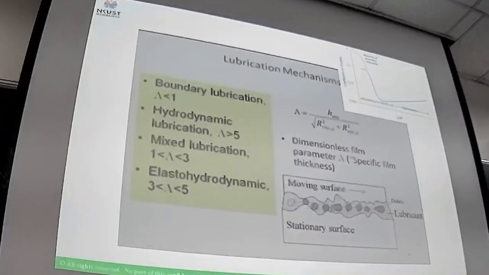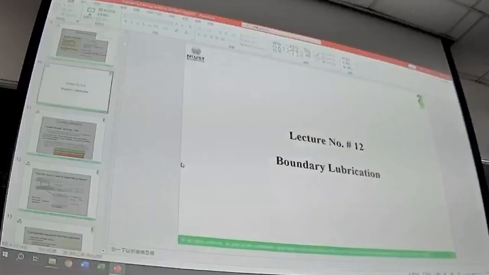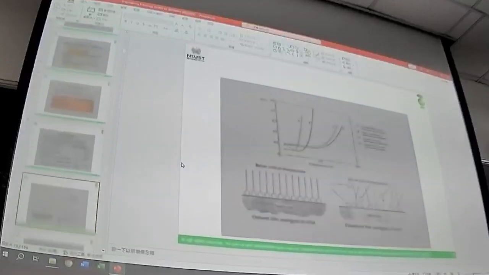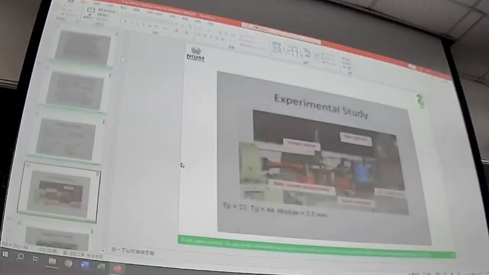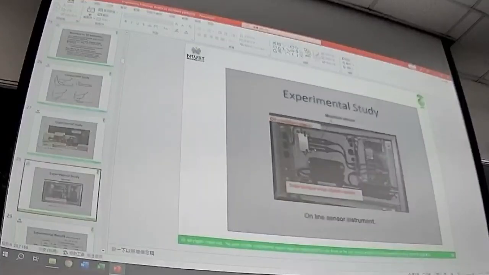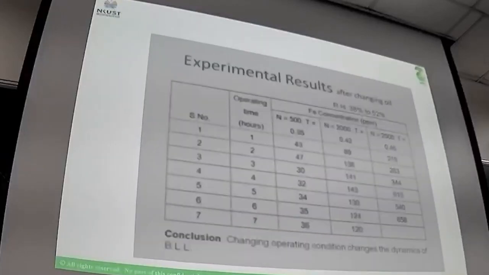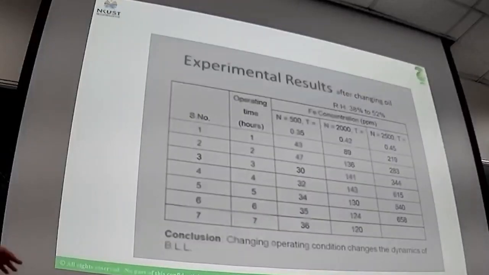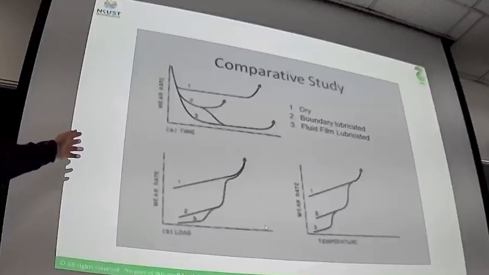Any question for today's lecture? We almost finished the introduction of the boundary lubrication. From the example of the textbook, you know, we always have experimental verification for the theory. Most of the theory, or even this curve, is a comparative study.